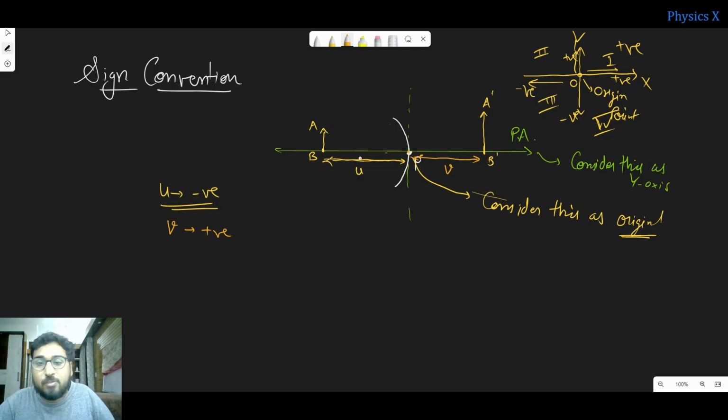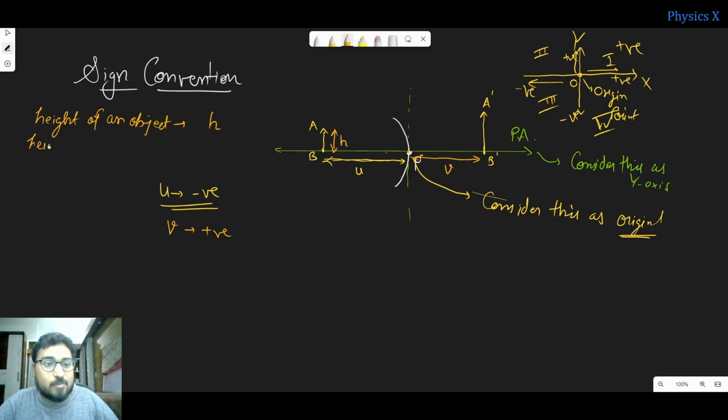Now let us see the height of the object. Please understand that the height of an object, we mark it as h. So this distance is what? H. This is the object, no?